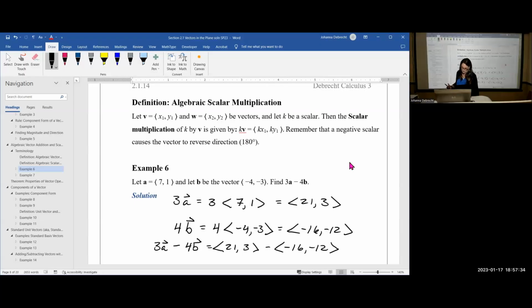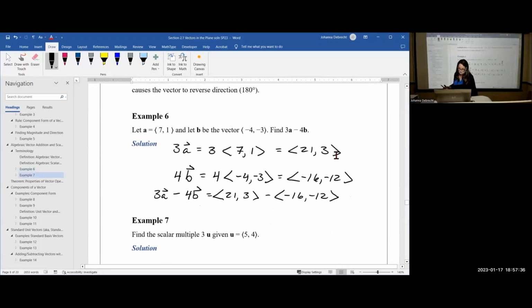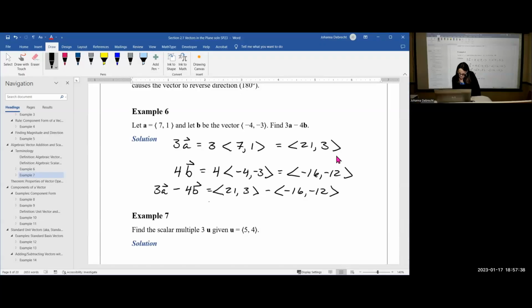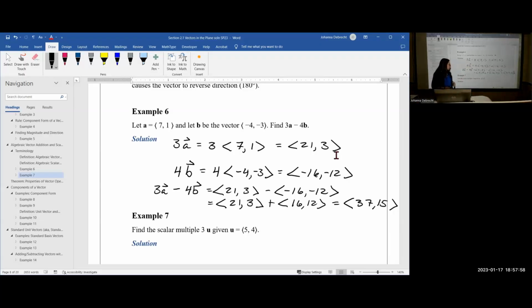It does exactly what you think it would do. All the rules that we have from arithmetic still apply. And so you could write this one as <21, 3> plus <16, 12>. And you're going to end up with, I believe, <37, 15>. Right? So hopefully that makes sense to you and you can kind of see how that works.